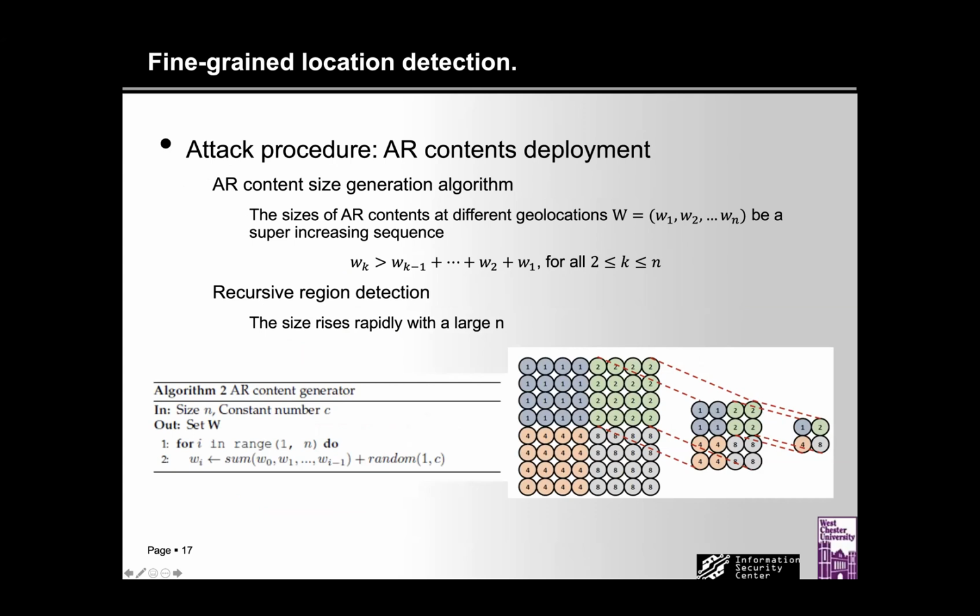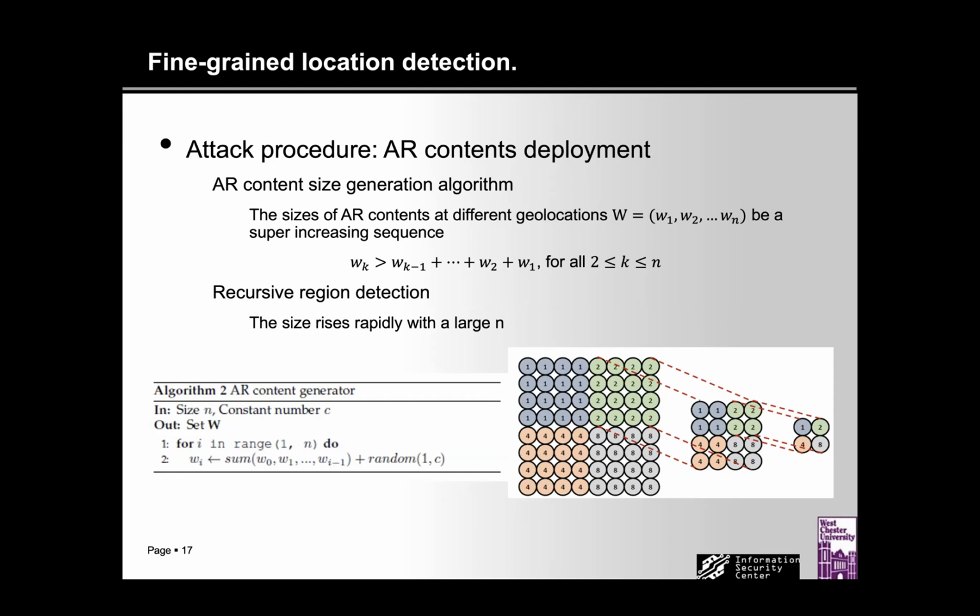For the fine-grained location detection, the most important thing is how to generate this AR content, or more specifically, what the size of the AR content for each region should be. We want to make sure that we can cover all this space, and also that any combination of the AR content is still a unique number.